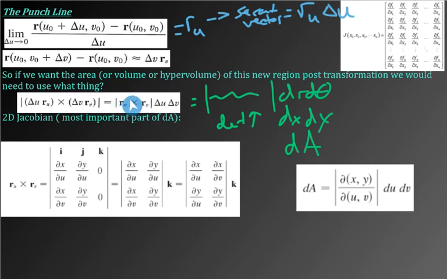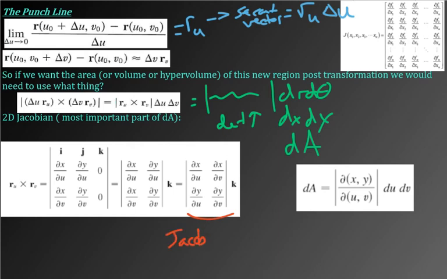this cross product in here becomes partial of x with respect to u, partial of x with respect to v. So basically, you're checking the changes in x with u and v, and then you do the same thing with y, changes in y with respect to u and v. And this thing right here is the Jacobian.